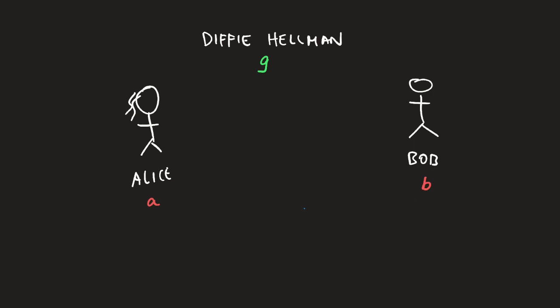There's going to be a variable G that everybody knows. And what we want to do is for Alice and Bob to calculate their own secret keys. So we're going to define the secret key in this toy example as being A multiplied by B multiplied by G.